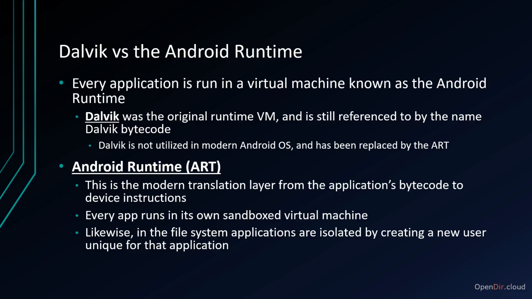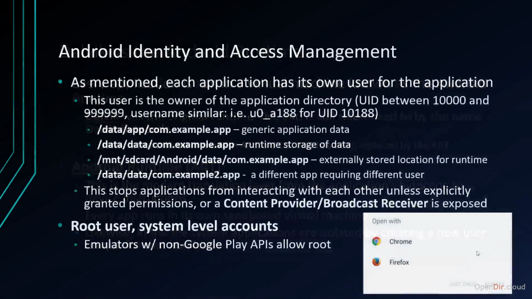In the file system, applications are isolated by creating a brand new user account unique to that individual application. This is what it looks like from an identity and access management perspective. Each application has its own user, and that user is the owner of the application directory.